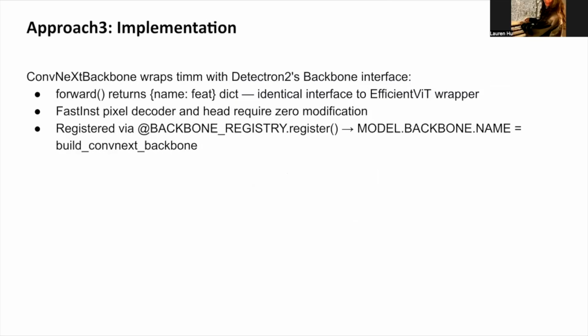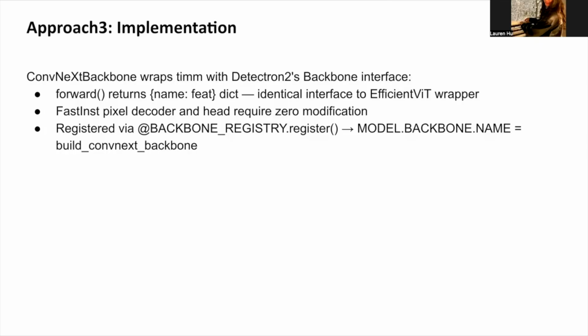Moving on to implementation, I wrote a ConvNeXt backbone class that wraps timm's feature extractor behind Detectron2's standard backbone interface. The key point is that forward returns the same dictionary format that the efficient ViT wrapper uses, so FastInst's pixel decoder didn't require changes.